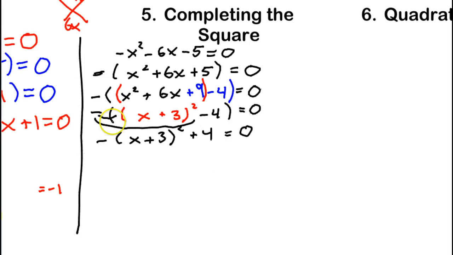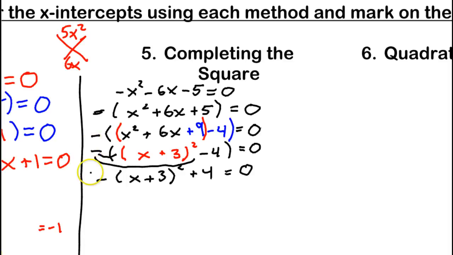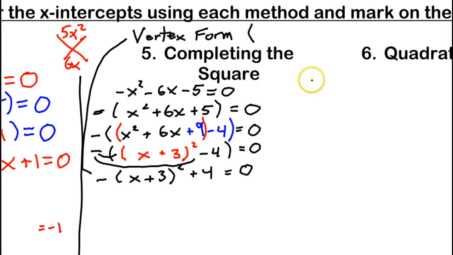Now, what was this called when it's written in this format? Yeah, that is vertex form. So part of completing the square is putting it in vertex form. And it's called vertex form because by looking at it with no calculation, you can tell what the vertex is.